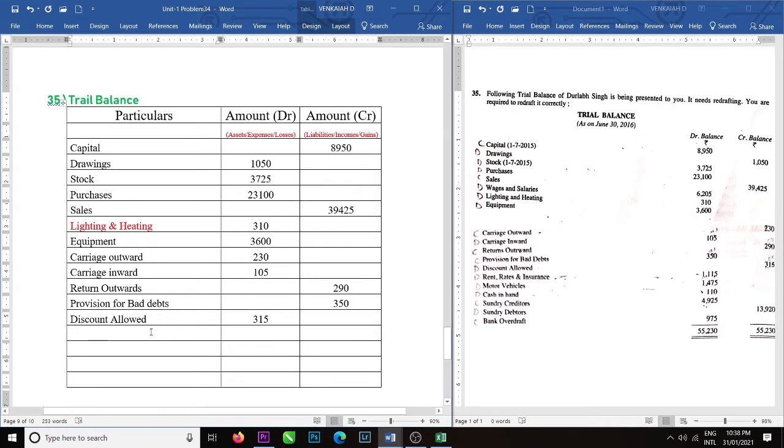Rent, rates and insurance are expenses. Motor vehicle is an asset. Cash in hand is also an asset.